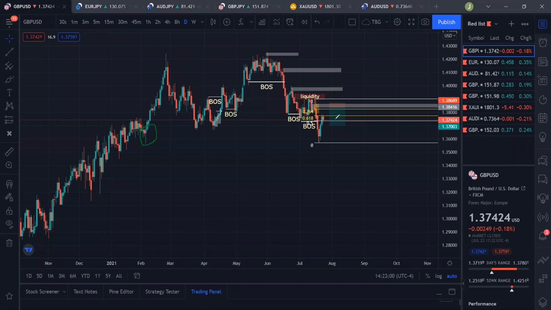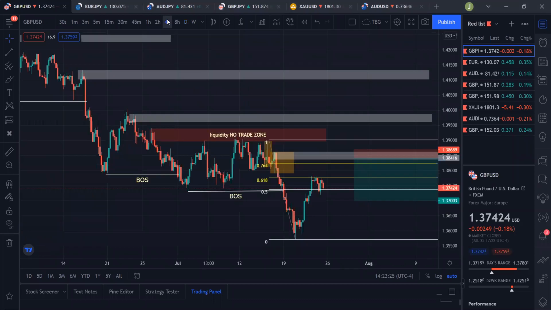However, I'm still expecting price to make some more move down before any major reversal or anything. So for the midterm, in terms of midterm trend, I expect price to continue going down. So let me just clear that drawing from my screen and go back on the 4 hour chart.